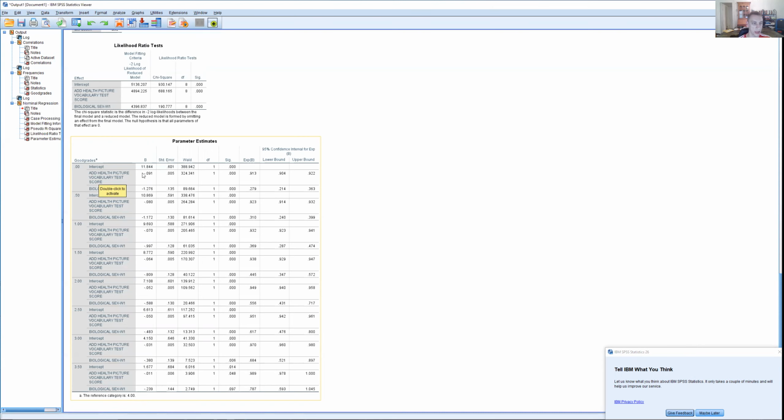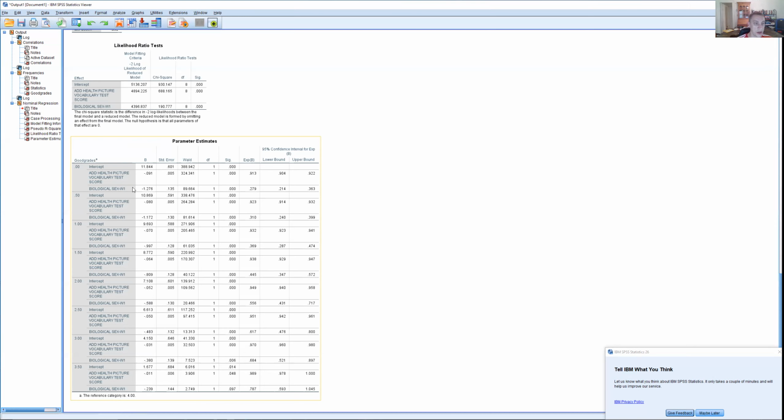Those who score really high on the picture vocabulary test have significantly lower odds. For every point on the picture vocabulary test, your odds of being in the 0 grade group go down by about 8.73 percentage points compared to being in this high category.